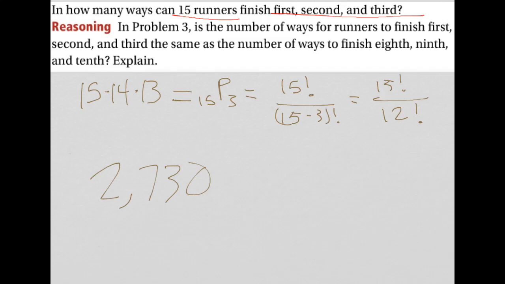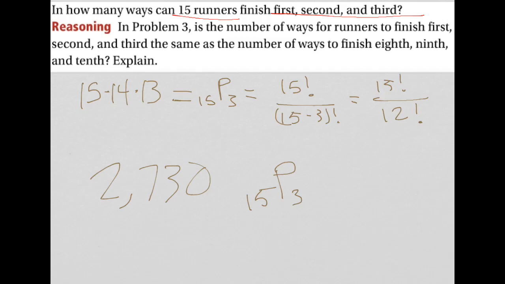Now, the second question, we want to know, is the number of ways for runners to finish first, second, and third the same as the number of ways to finish 8th, 9th, and 10th? Well, yes, it is. Because in both cases, you're just going to be taking a total of 15 runners and permuting them into an arrangement of 3 different places.